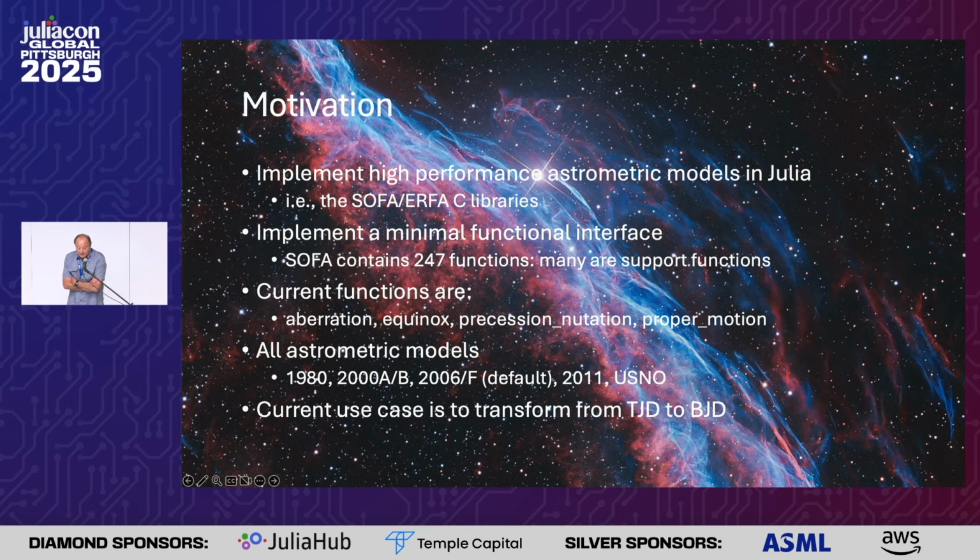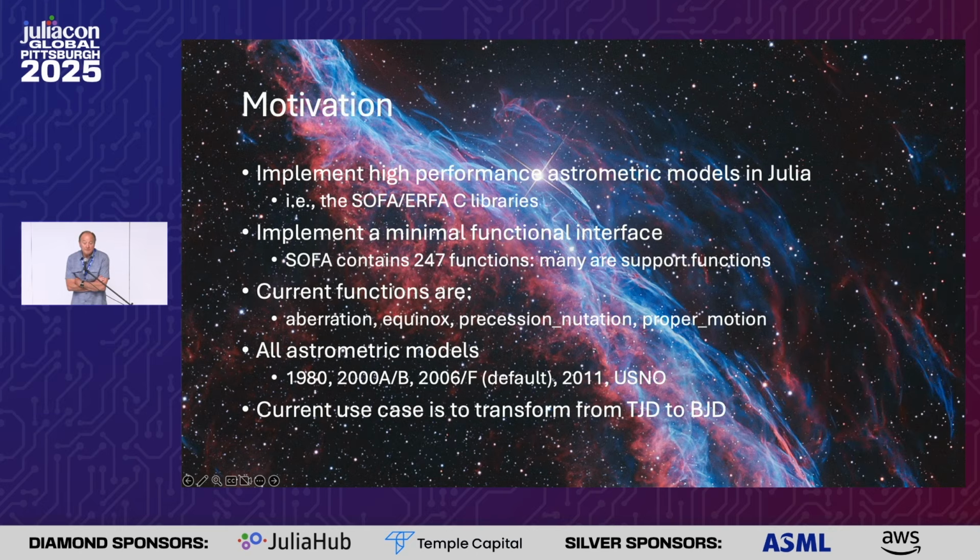The idea is to have a high performance package, written purely in Julia, so that it's easy to install, and also to minimize the functionality, to keep it simple. SOFA itself has 247 functions. Of course, many of them are dependent type functions, but it's a complicated thing to look at and to understand initially. The idea was to simplify this and make it easy for the user.